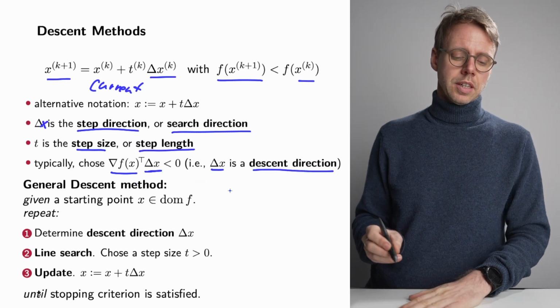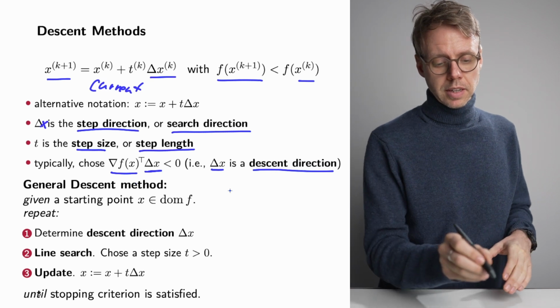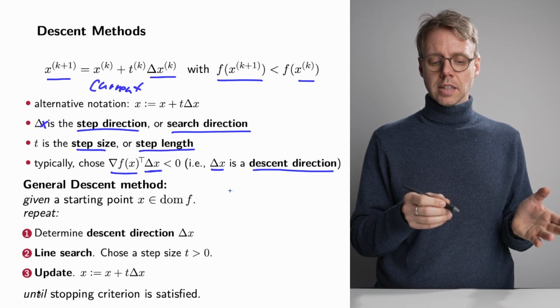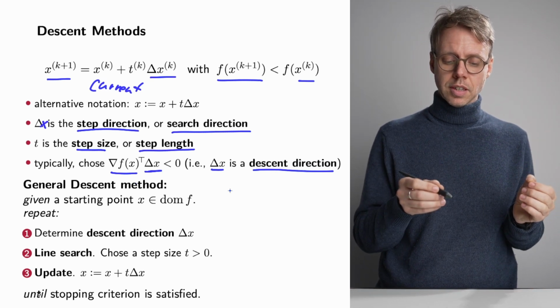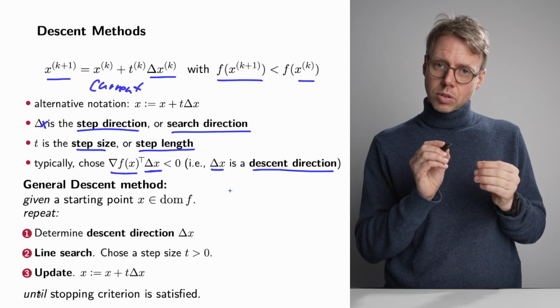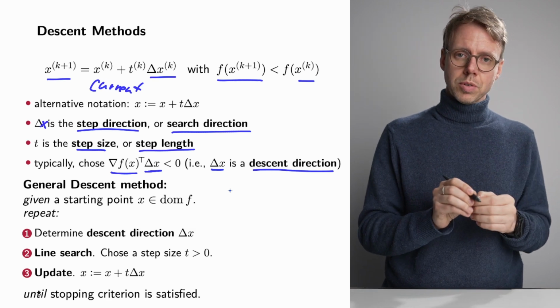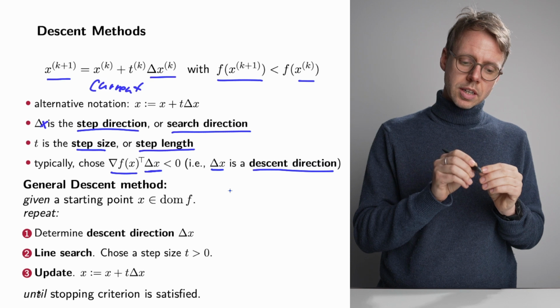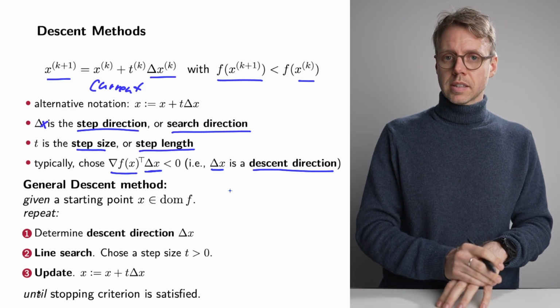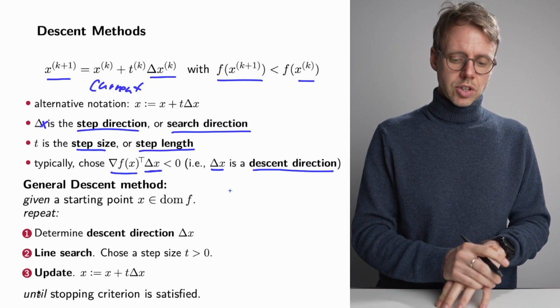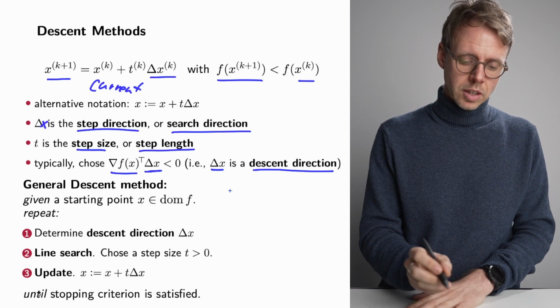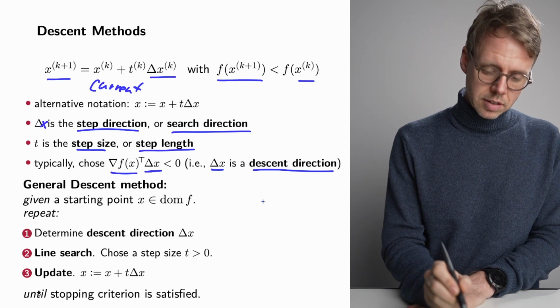So if the inner product between the search direction and the gradient is negative, then you're going into a direction that decreases your function value.